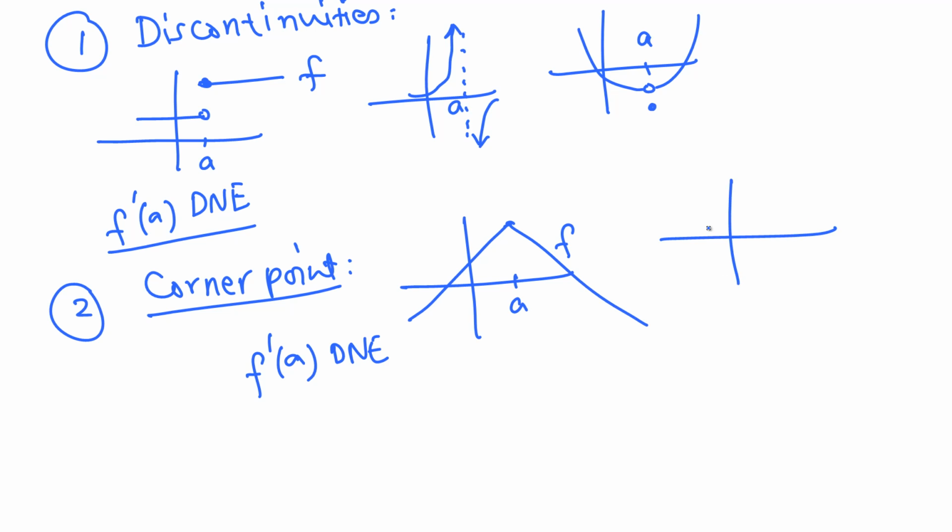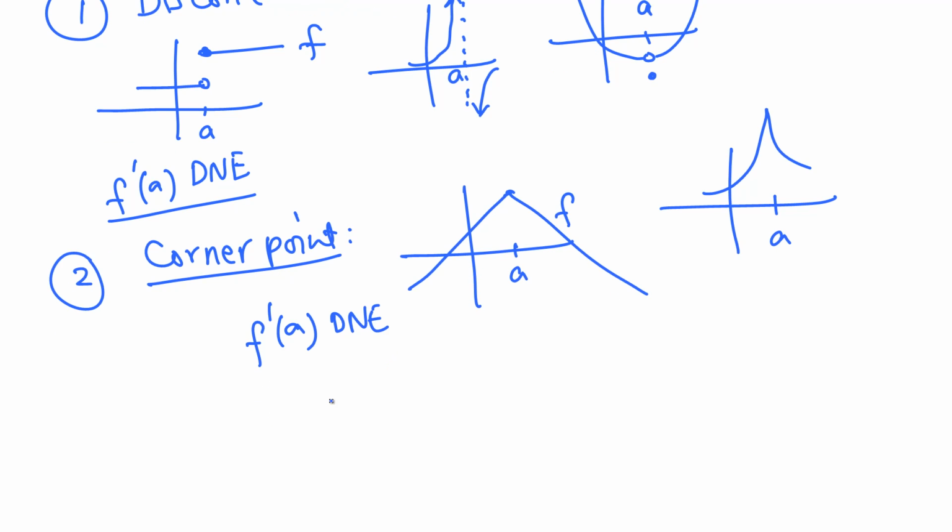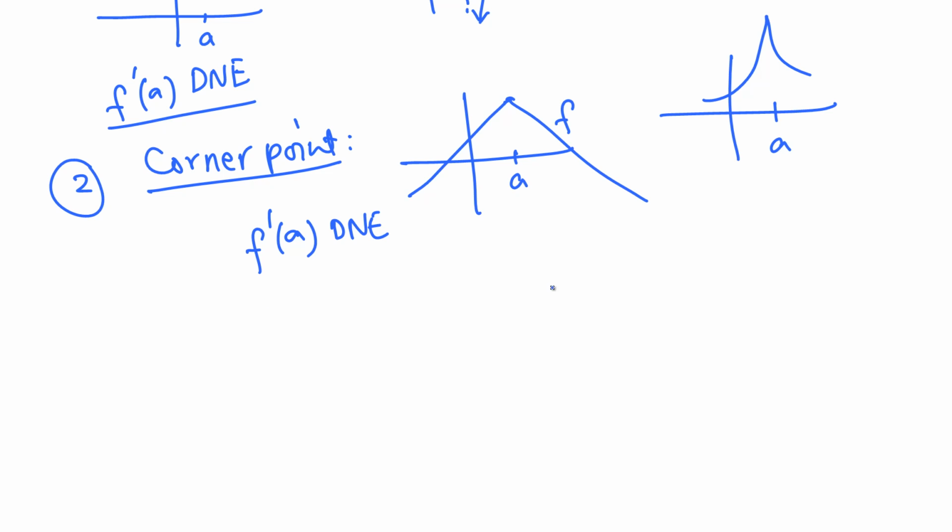Sometimes we can have some type of cusp. It's a corner point, but it's even sharper. The derivative does not exist. And for this we can show, look, we know the graph of the absolute value of x, which is just a V-shaped graph.